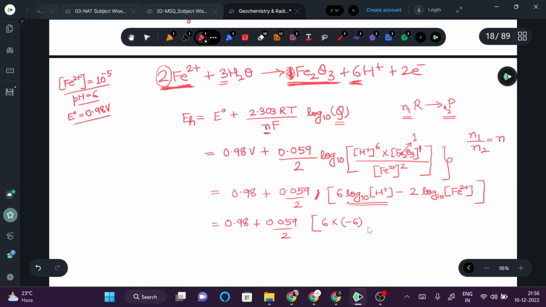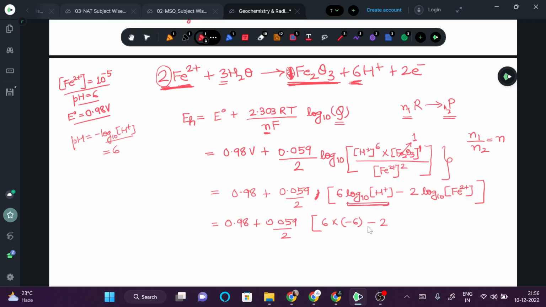Yes. Minus 6 will come in place of log base 10 H plus because pH is equal to minus log base 10 H plus, which is equal to 6. So in place of log base 10 H plus, this will become minus 6. Minus 2.